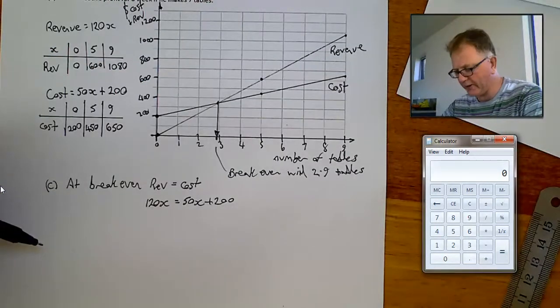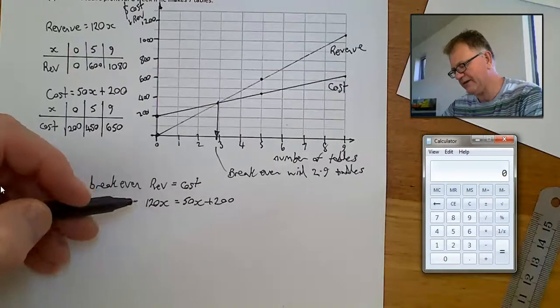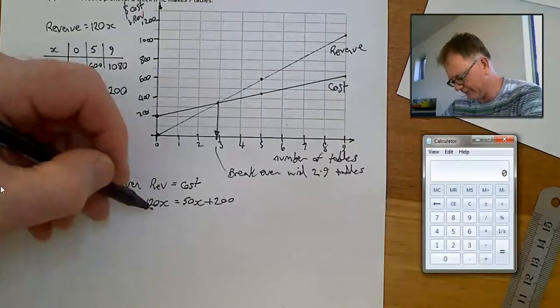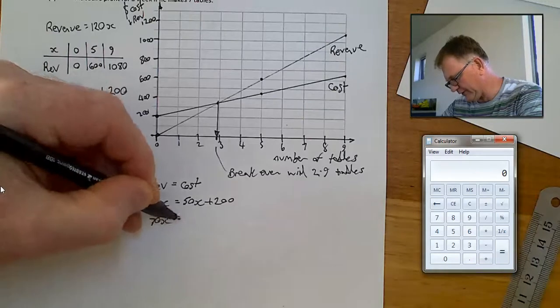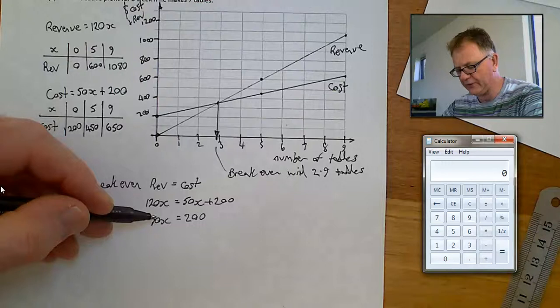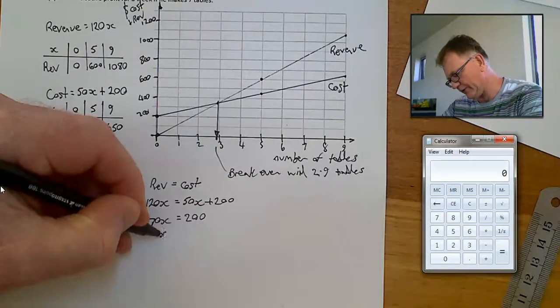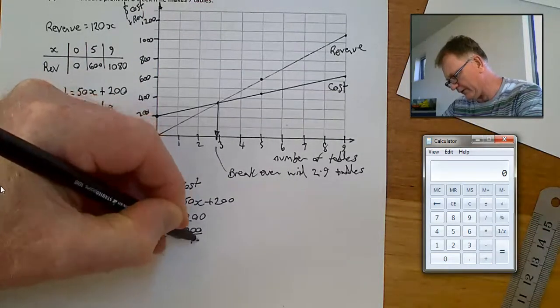If I shuffle that round until I get x equals something, the answer we get should be the break-even point. In other words, take 50x from both sides. 120x minus 50x will give me 70x. 70x equals 200. Now to get x by itself, that's 70 times x, so I divide both sides by 70. x equals 200 divided by 70.